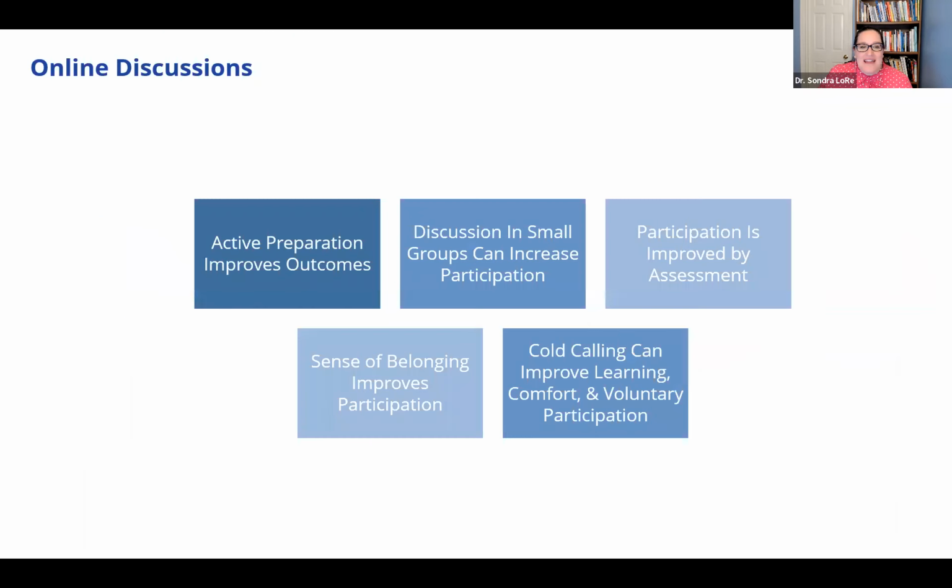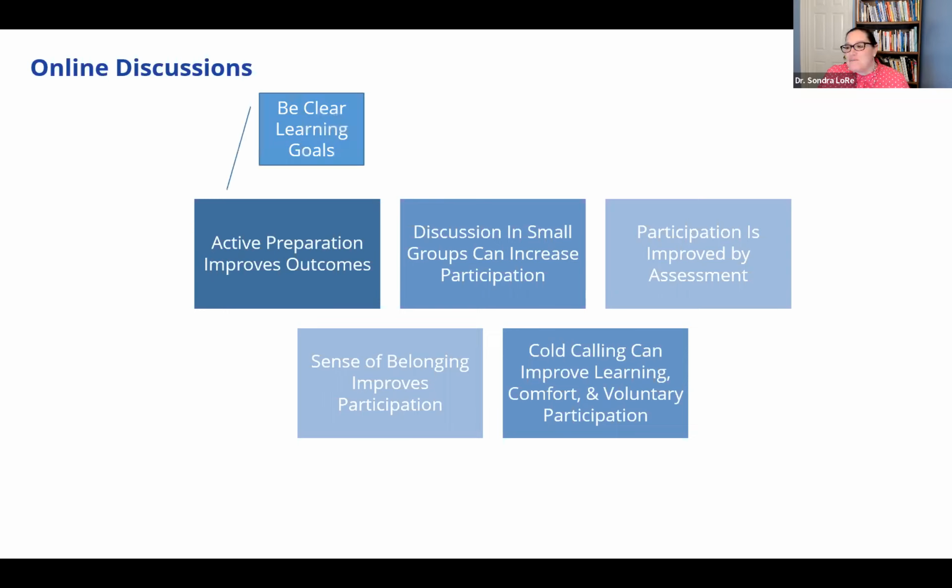Then we ended off our time together by pivoting from these things that have been shown to increase engagement in discussions, and pulling in some other factors if we're talking about online discussions, so online teaching.